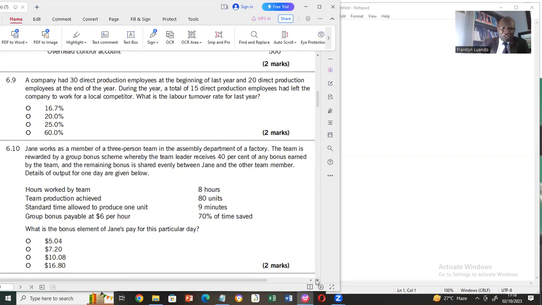So the first thing that we need to do is to find the time allowed. Time allowed to produce 1 unit is 9 minutes. So time allowed will be 9 minutes multiplied by 80 units, divided by 60 minutes to convert to hours.